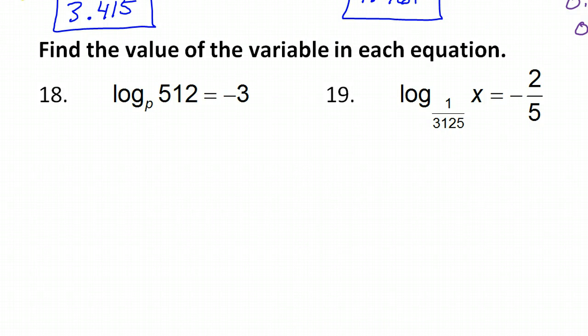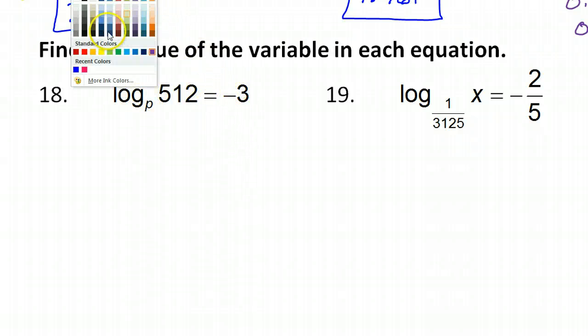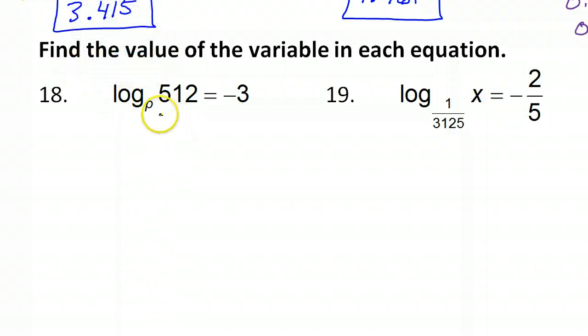Alright, just a few more questions. So finding the value of these variables. For most of these problems, my recommendation is going to be try writing the problem in the other form. Like this is log form, so I'm going to be writing these in exponent form.